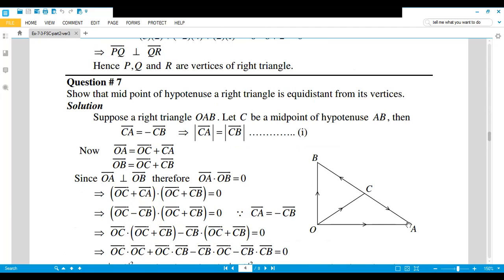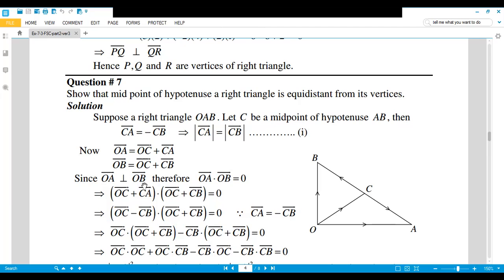So suppose a right triangle OAB, let C be the midpoint of hypotenuse AB, then CA is equal to minus CB. So direction is involved. So absolute CA is equal to CB, and OA is equal to OC plus CA and OB is equal to OC plus CB.